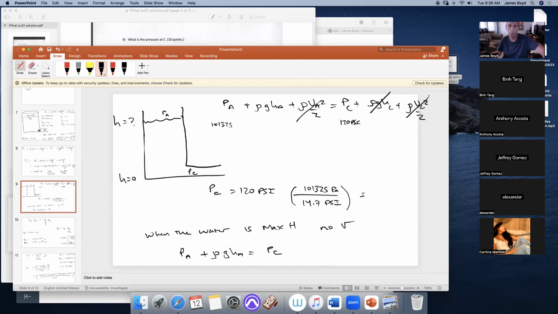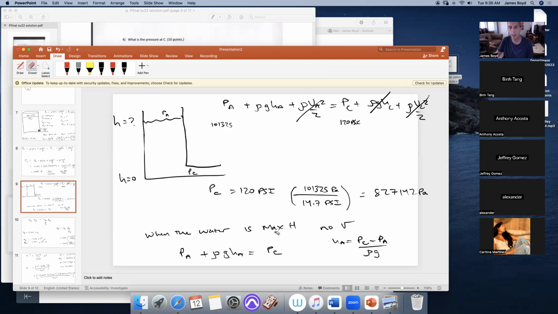If we wanted to convert that, 120 divided by 14.7 times 101.325. This is 827.142 pascals. I want to find hA. So first of all, rho g hA is PC minus PA. Divide both sides by rho g.